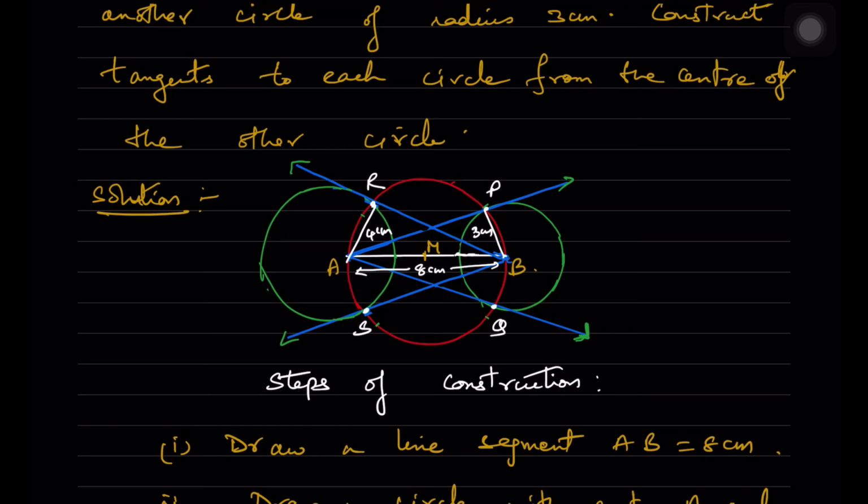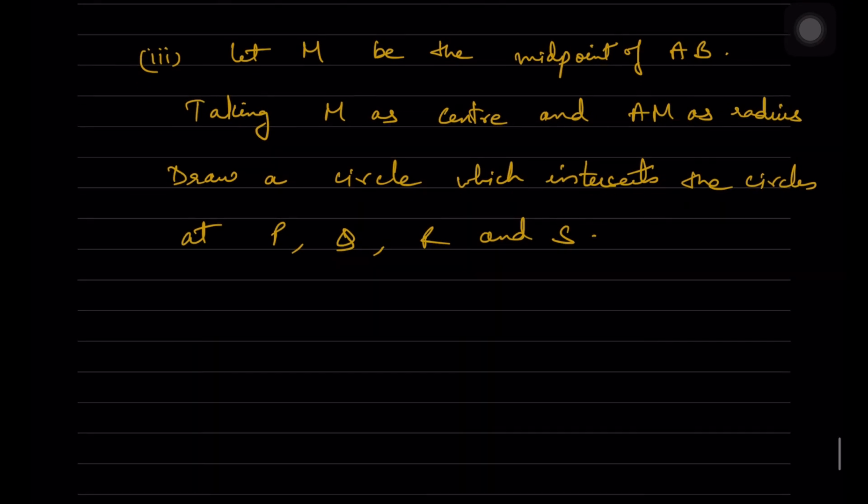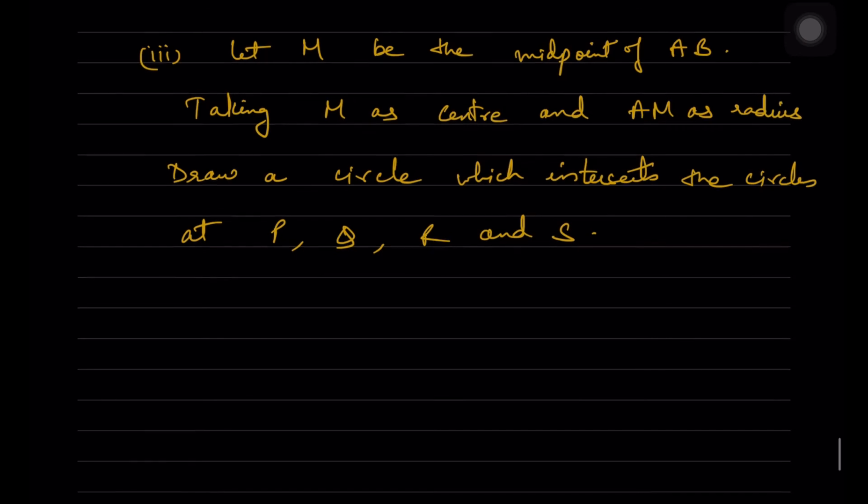Then with the midpoint M as center and AM as the radius, you draw a circle which intersects the circles at the points P, Q, R and S.